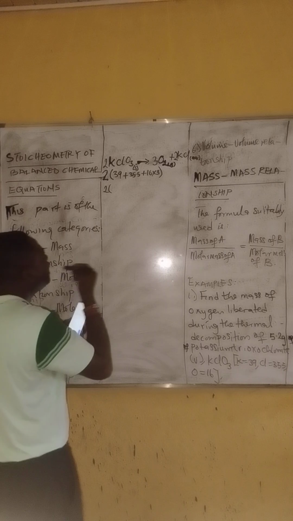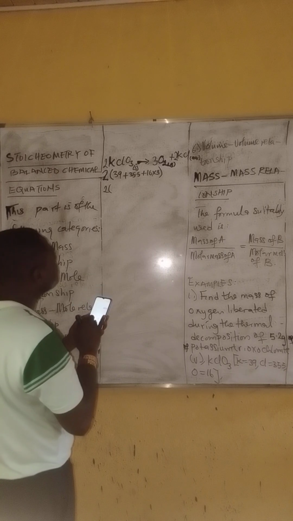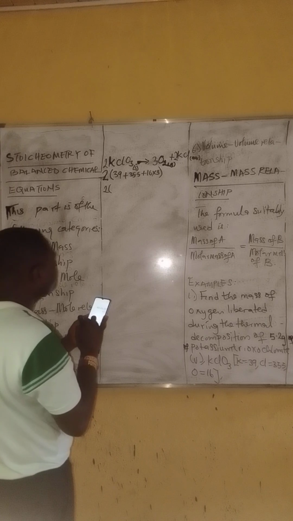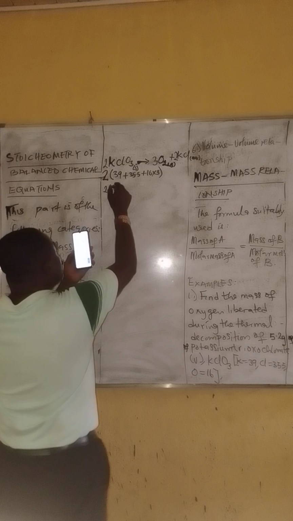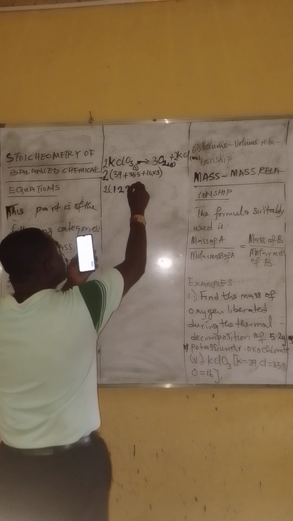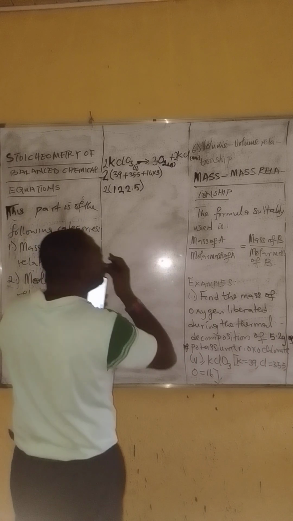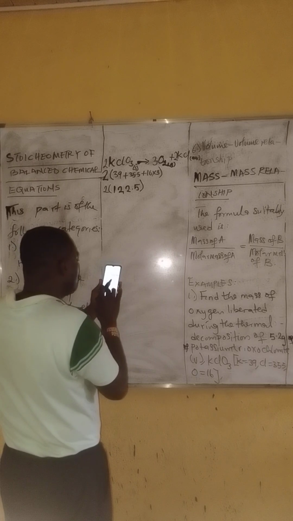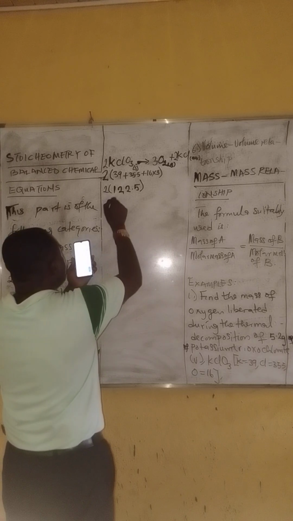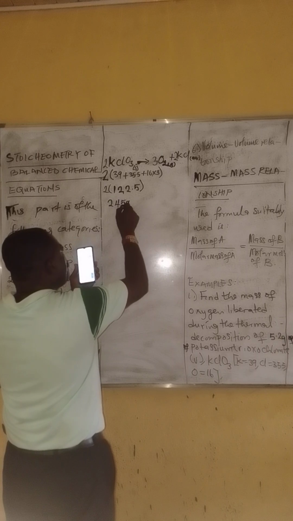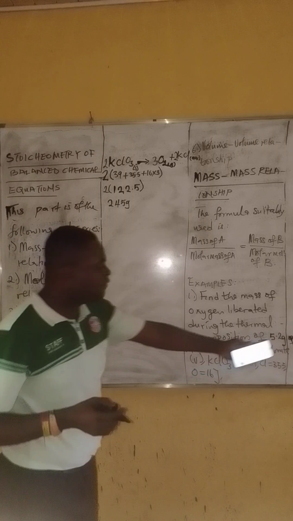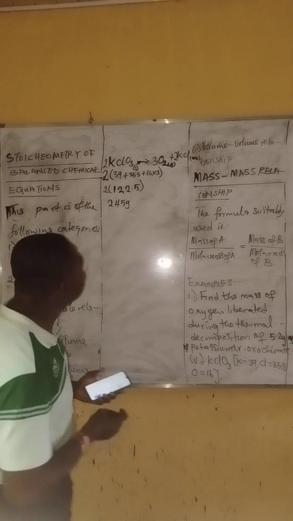So I can have 48 plus 35.5 plus 39. Answer is 122.5. Bracket close. Then we now have this one times 2. Answer is 245 gram. That is the molar mass of the KClO3 given.